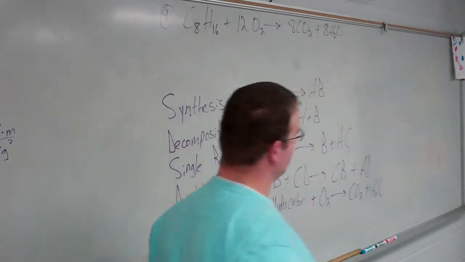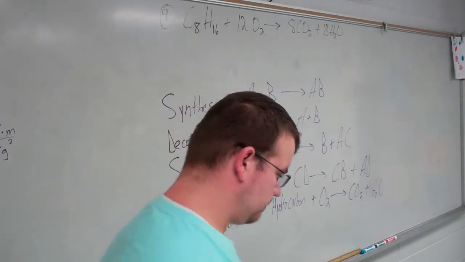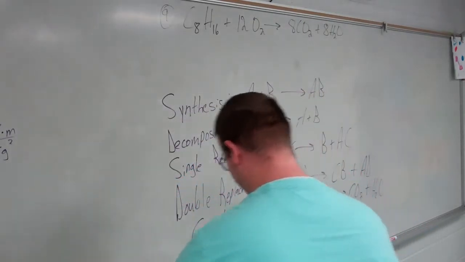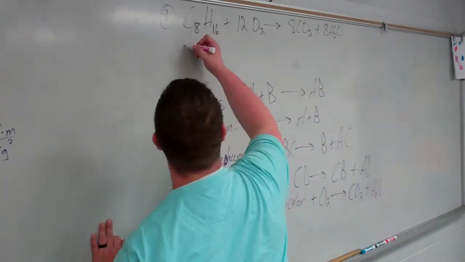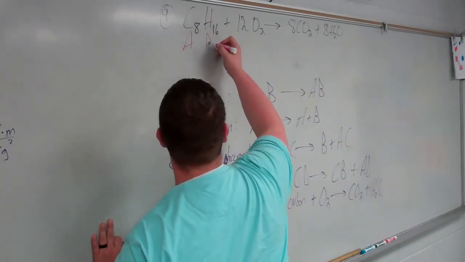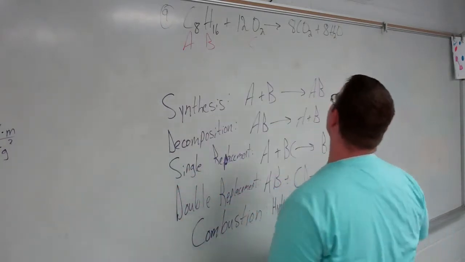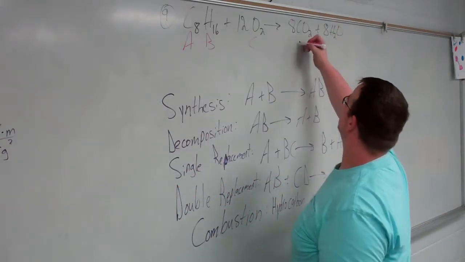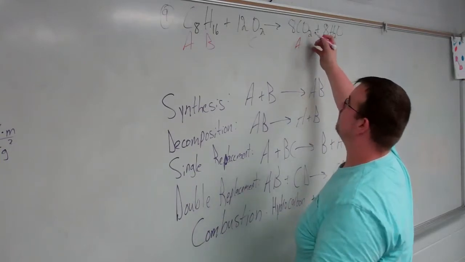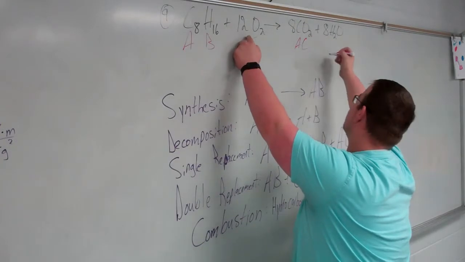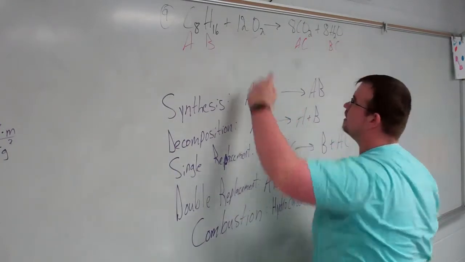Ladies and gentlemen, perfect example here. You can go in here and label these if you want to. Here is A, here's B, here's C. You go over here and you're going to label it A. The oxygen had to come from somewhere, it had to come from the oxygen, so C. Here, the hydrogen is B, C.